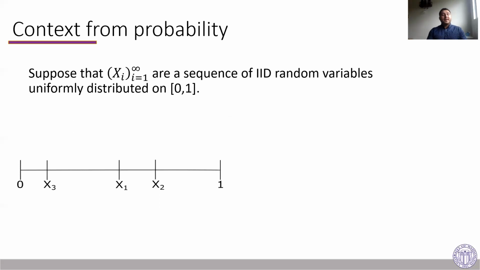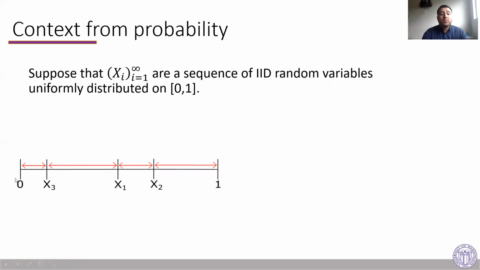So if we take some context from probability, we can suppose that x of I is a sequence of IID random variables that are uniformly distributed on 0, 1, right? So I take a random number between 0 and 1, call it x1, take a second random number, call it x2, take a third random number, maybe it's close to the origin, call it x3, and so on. And now the sequence of IID random variables is going to partition the unit interval into a set of gaps, right?